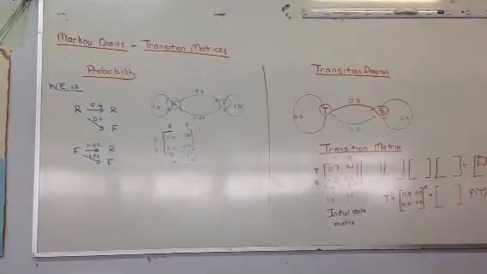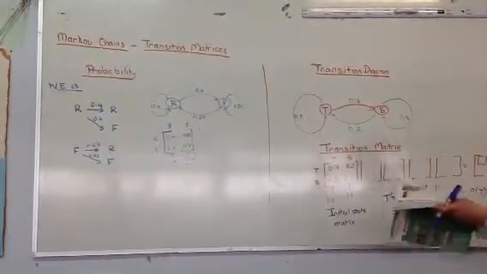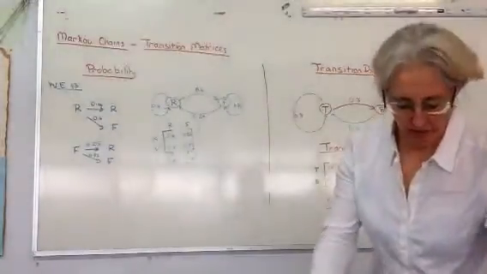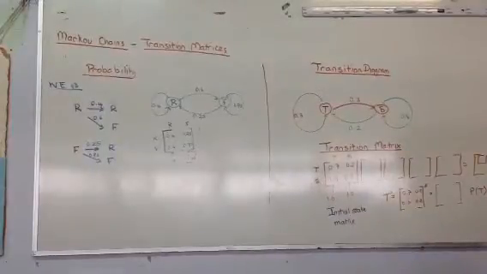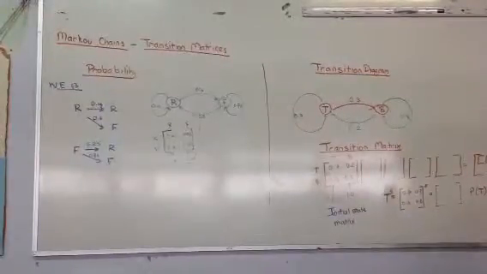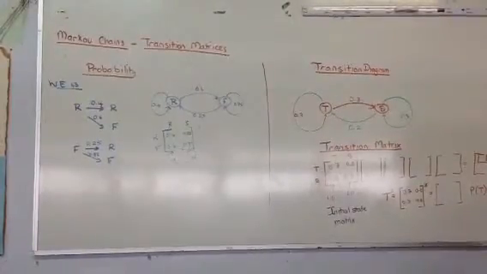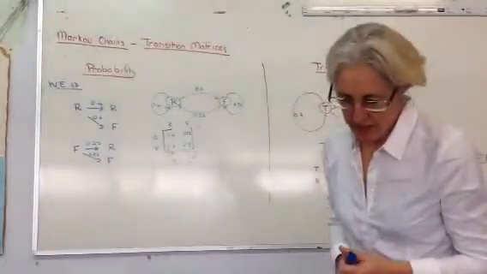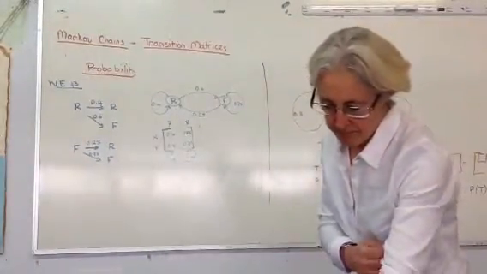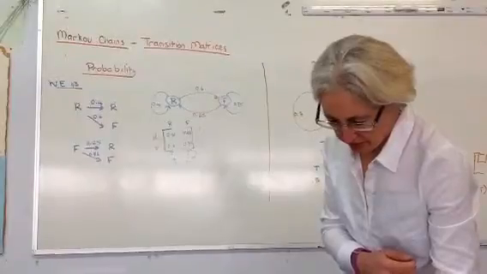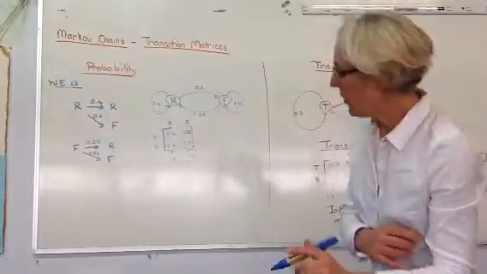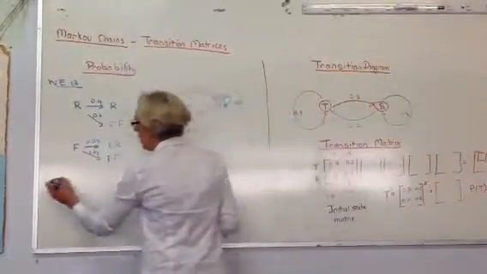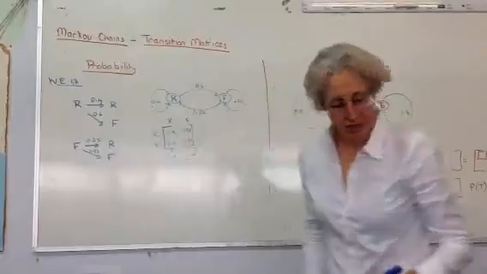Now, if we want to find out, if it's not raining today, what's the chance of it raining or not raining tomorrow, then what we're talking about, what do I call this?